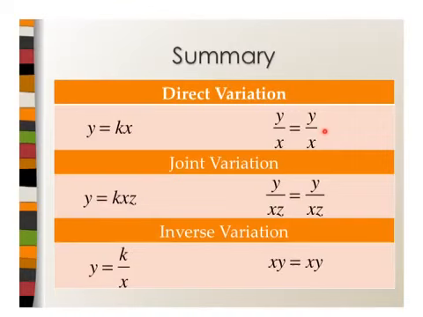And it doesn't matter if you have y over x or x over y, as long as you're consistent. And for joint variation, you're going to have your y over your xz and set up another proportion. And for inverse variation, you'll just say x times y is equal to x times y, so your x1 y1 equals x2 y2. And I'm not going to show you any of that technique in this video, but we will talk about it in class.